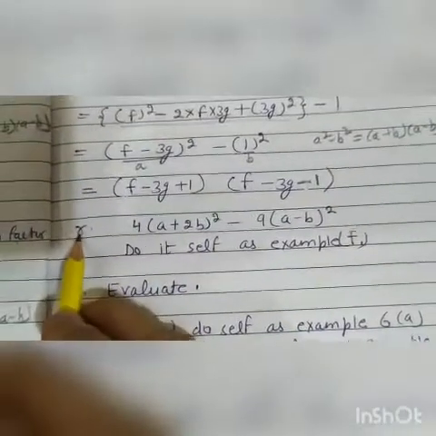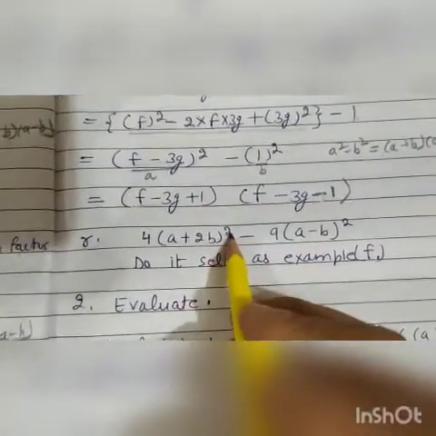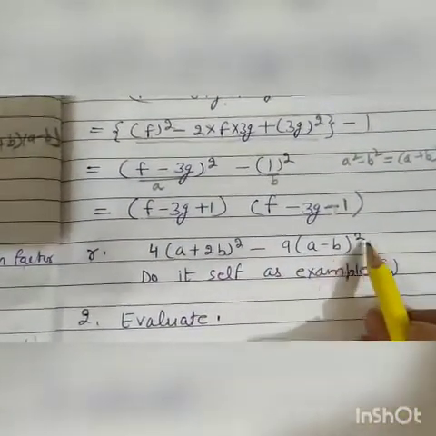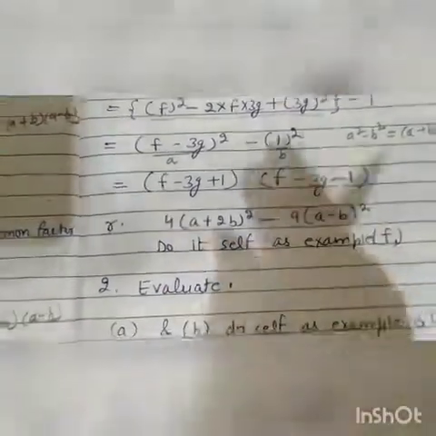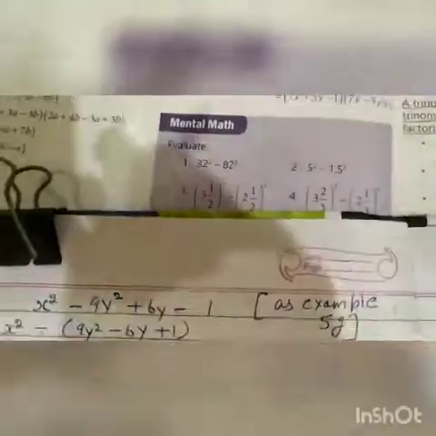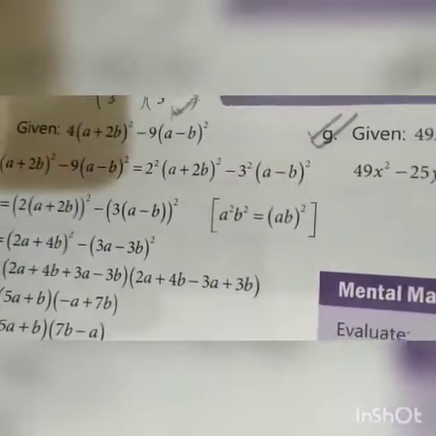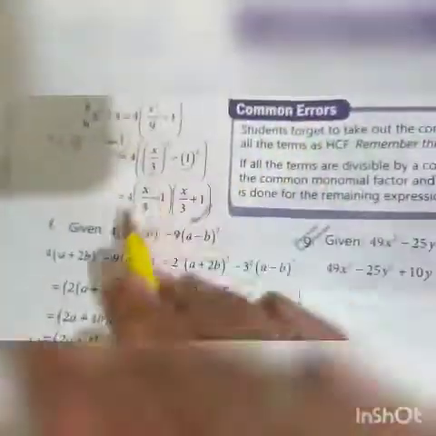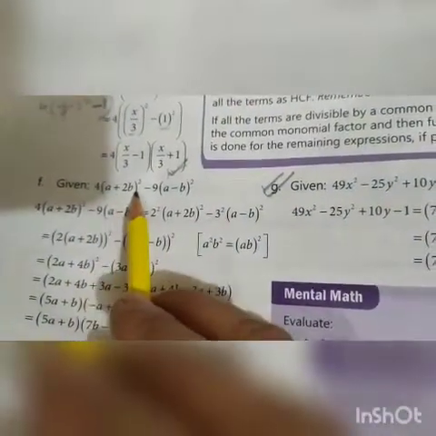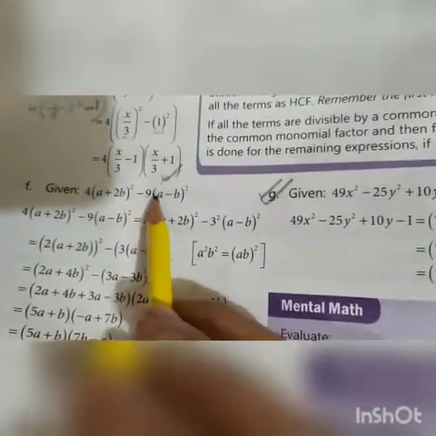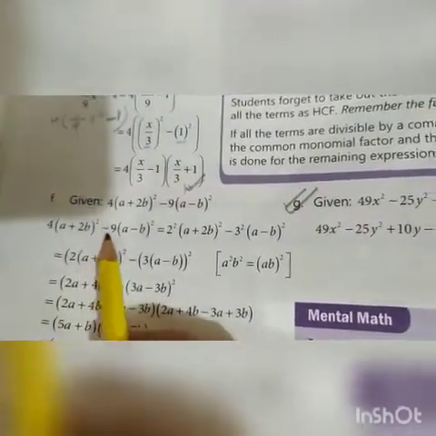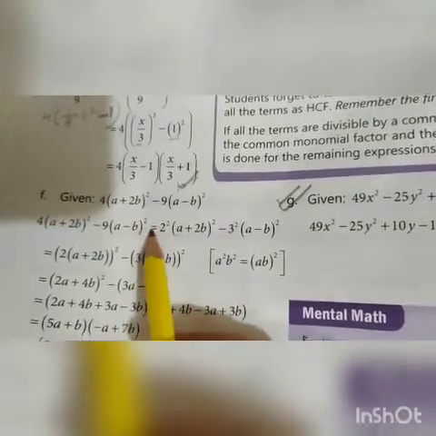Next part R. (4a plus 2b) whole square minus (9a minus b) whole square. This is an example. See the example. I am explaining the example. (4a plus 2b) whole square minus (9a minus b) whole square is equal.